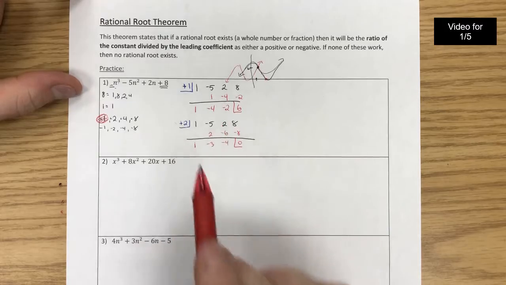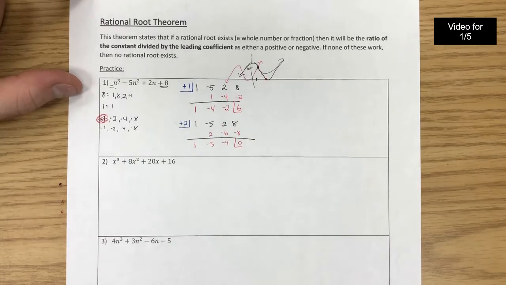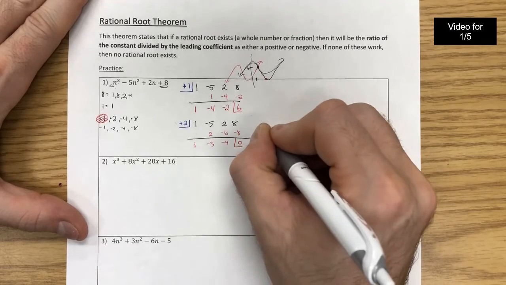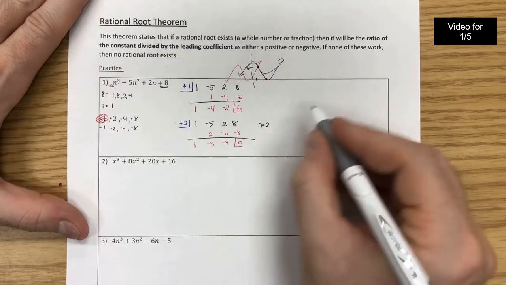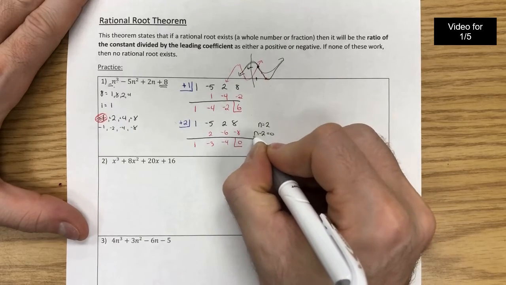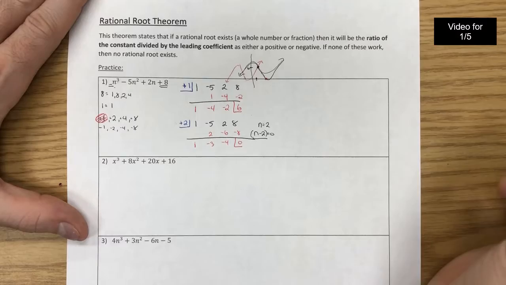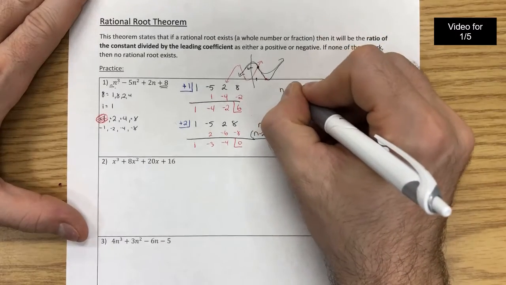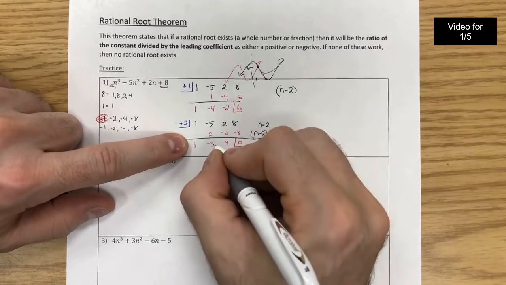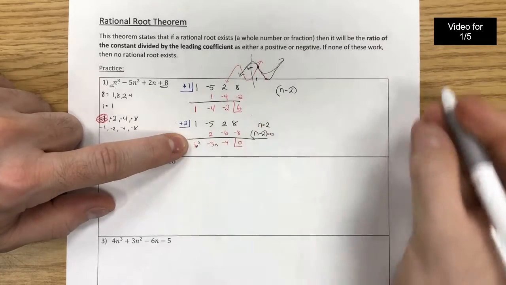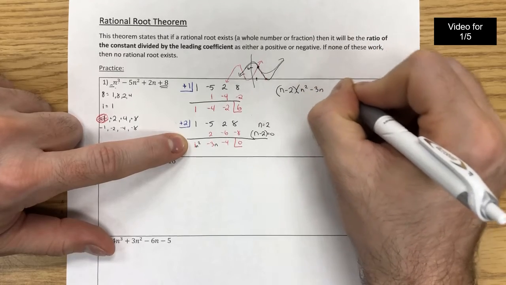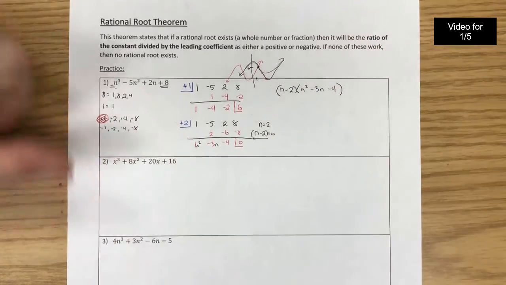So I'm actually going to pull that out and see what my new equation looks like. So if I pull out a 2, we know that if n is equal to 2, if I were to solve that for 0, that means I subtract 2, so n minus 2 is equal to 0. So there's the factor that I'm pulling out. So n minus 2. What's left is going to be n squared minus 3n minus 4.